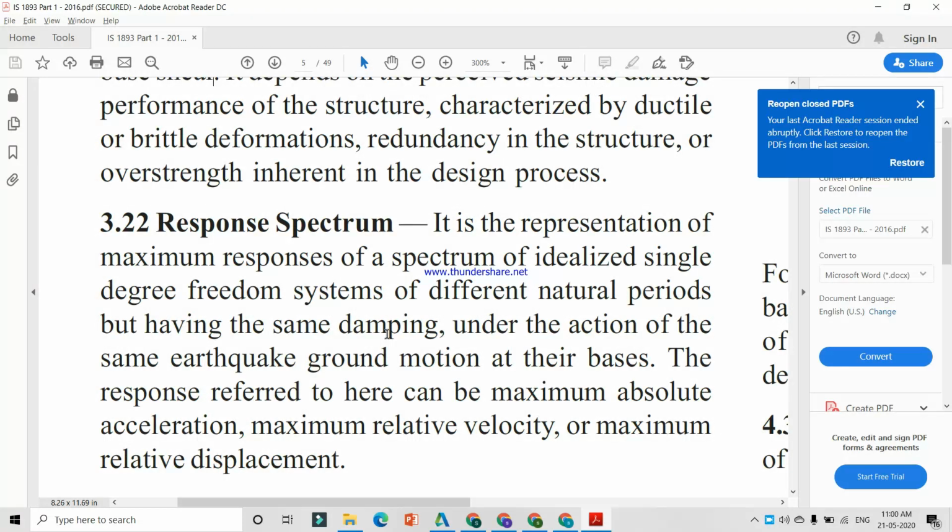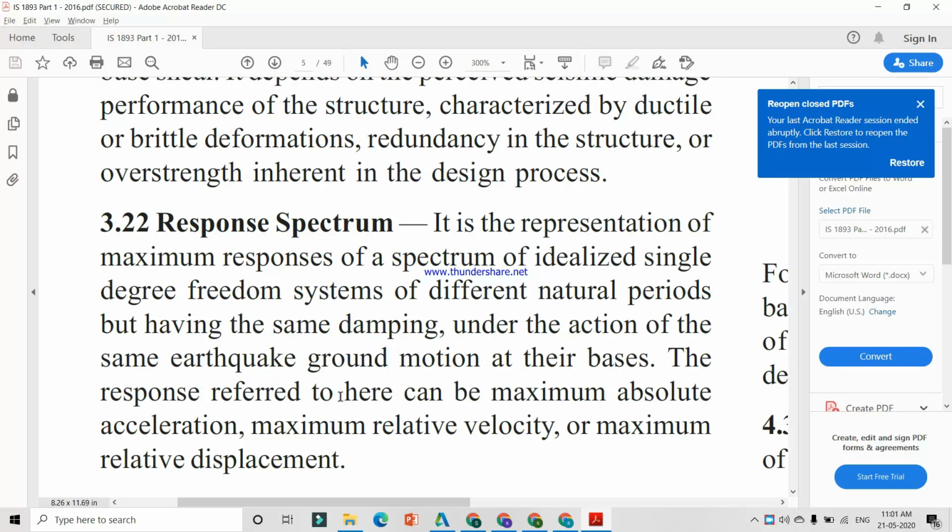The next is the response spectrum. What is the response spectrum? These are the maximum responses of an idealized spectrum in which we assume single degree of freedom systems of different natural periods but having the same damping, under the action of the same earthquake frequency during the procedure.